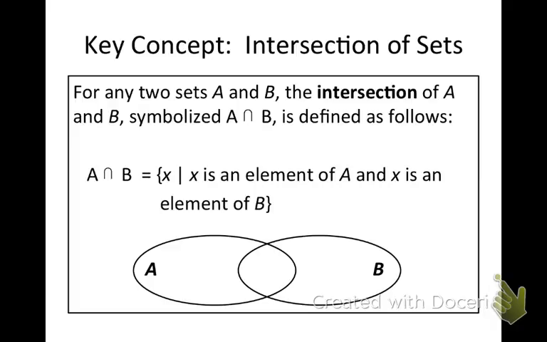Okay, so the intersection. You've seen Venn diagrams since middle school probably, maybe even elementary school. If I had a Venn diagram where my left circle, or oval, represents set A, and the right oval represents set B, where would the intersection of those two be?